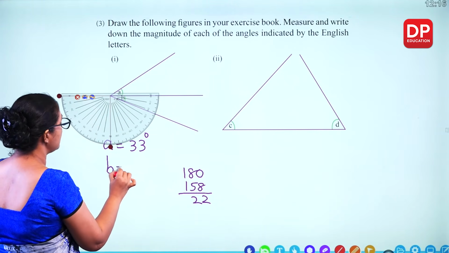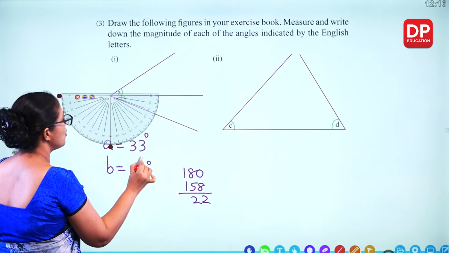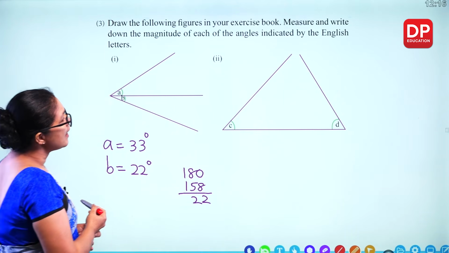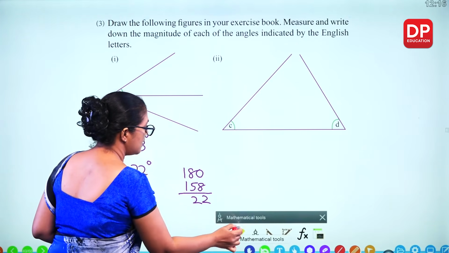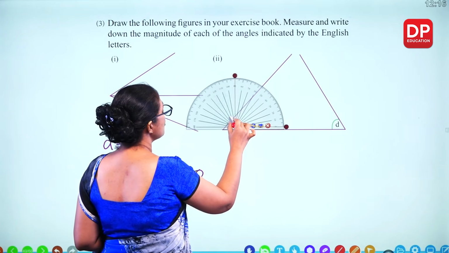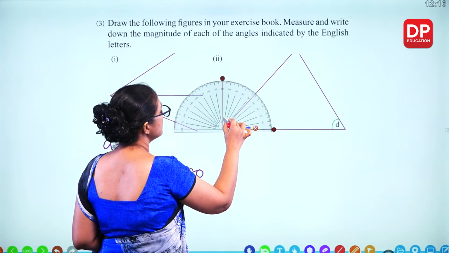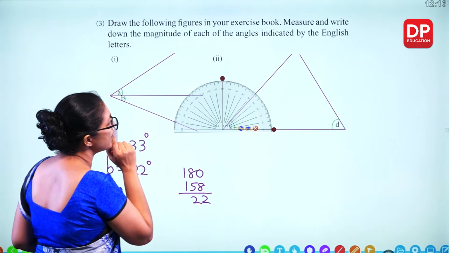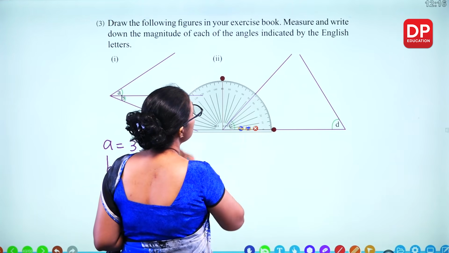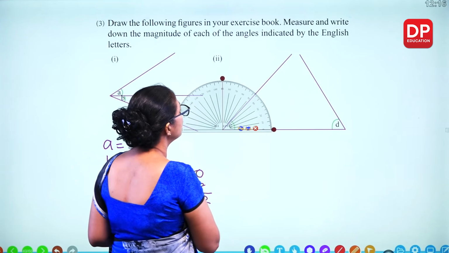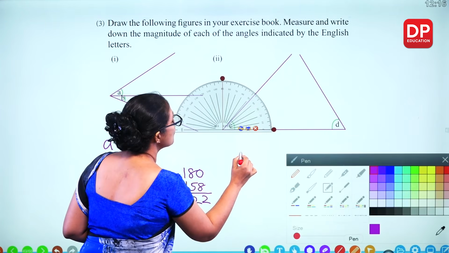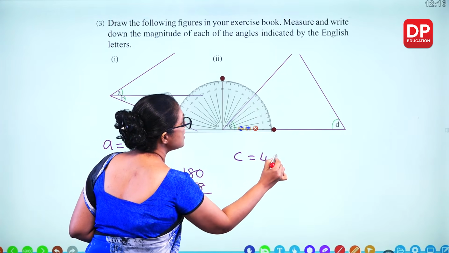So B angle is 22 degrees. C angle and D angle. We take the protractor and measure the C angle. Here to here, that's also an acute angle. 48 degrees. So C angle is 48 degrees.